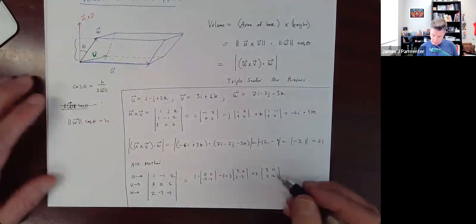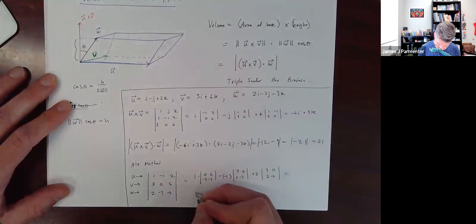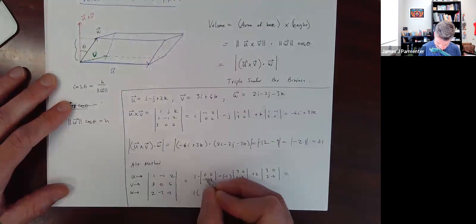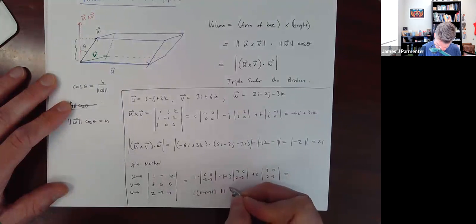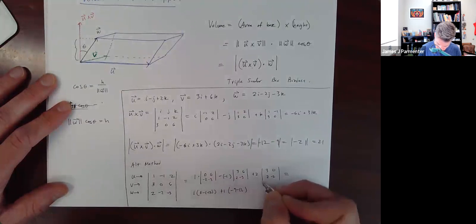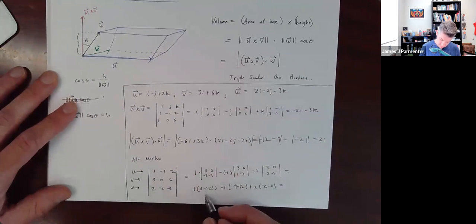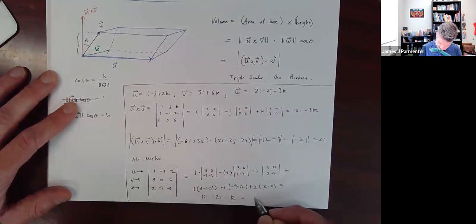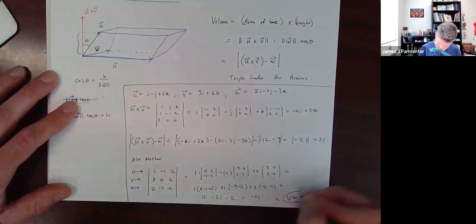All right, so then we're going to get 1 times 0 minus negative 12, plus 1 times negative 9 minus 12, plus 2 times negative 6 minus 0, which ends up being 12 minus 21 minus 12, which is equal to negative 21. And then, of course, we need absolute values. So the volume is positive 21, just like it was here.